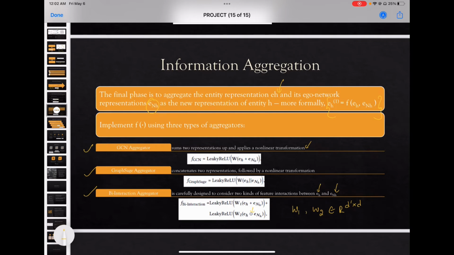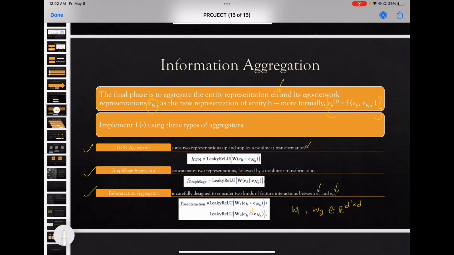Now, this is different from the above two methods, GCN and GraphSage, because we additionally encode the feature interaction between eH and eNH. This term makes the information being propagated sensitive to the affinity between the entity and its ego network, like passing more messages for similar entities and passing less messages from dissimilar entities.